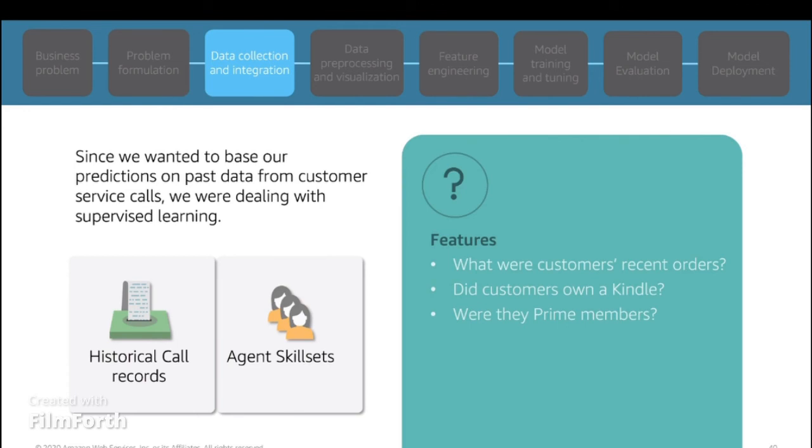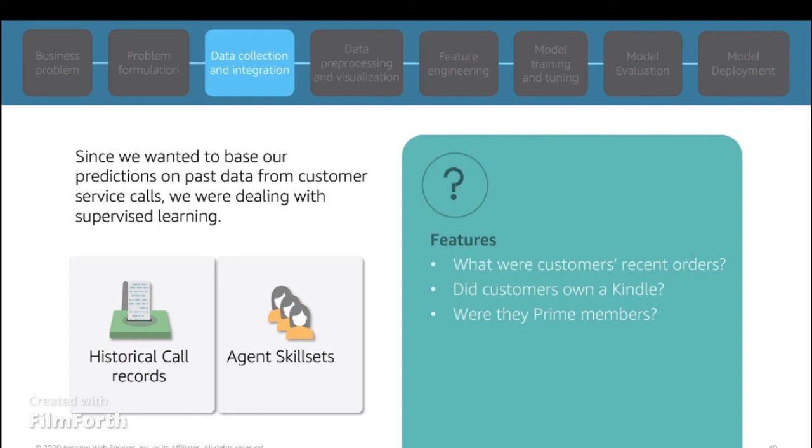Since we wanted to base our predictions on past data from customer service calls, we were dealing with supervised learning. We eventually would train our model on a bunch of historical customer data that included the correct labels or customer agent skills. That enabled the model to make its own predictions on other similar data moving forward, predicting, say, that a customer call needed a Kindle skill.